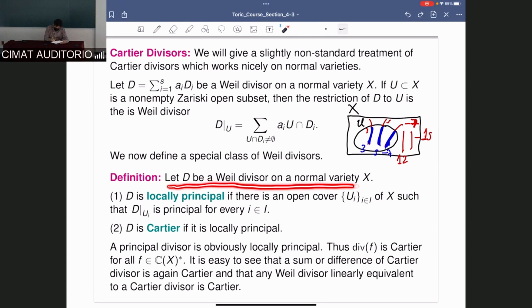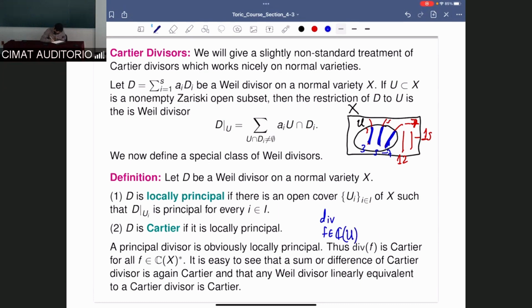If you have a Weil divisor, we say it's locally principal when, as the name says, locally, it means that there is an open cover, that's the locally part, over which it is principal with the definition that we gave, principal being that on that neighborhood, it is the div of some f. I treat that U as my variety. I ignore the rest. And in that U, you have an f that is in C star of my U.